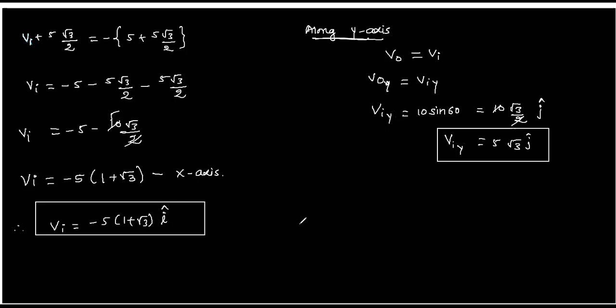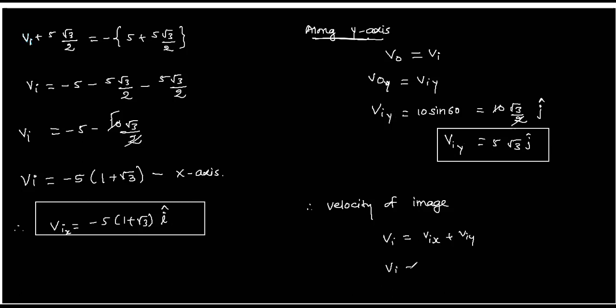And this is along the x-axis, so if you want you can write x also, not an issue. Therefore, for the complete velocity of image, Vi is equal to this Vi x plus this Vi y.